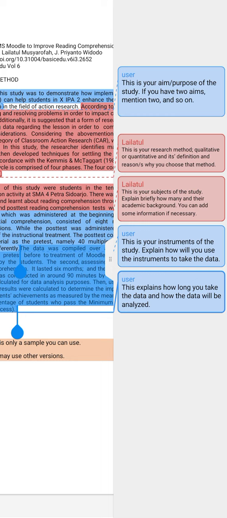All right, and the last one is how you take the data and how to analyze. How you take the data is the way you inform how you will use the instruments of the study for taking data, and after you collect the data, tell the readers how you analyze the data.